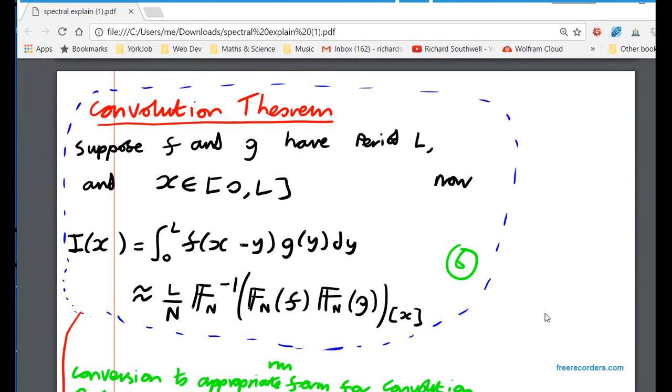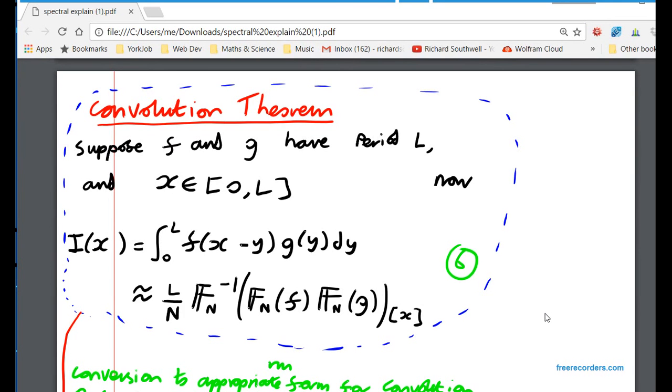So this is the critical result. I'll just say, for practical purposes, of course, f and g may not be period L. There may be some functions of finite support, and we may not be interested in their integrals from 0 to L. Another constraint here that we're looking at is that x ought to be between 0 and L. Although actually I'm not sure we need that.